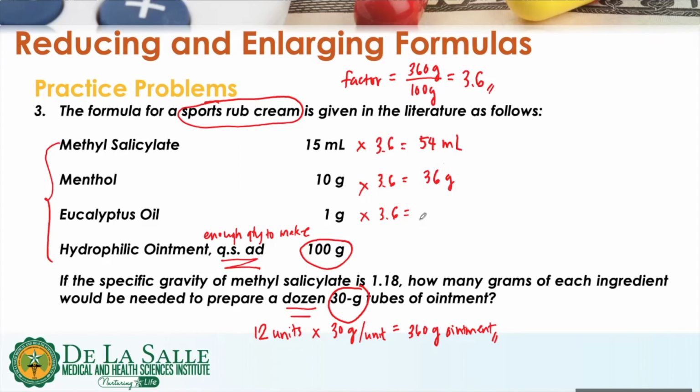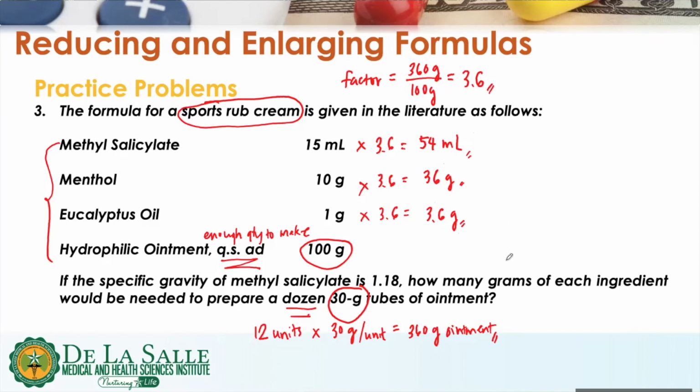And for eucalyptus oil, 1 gram times 3.6 will give us an answer that is equal to 3.6 grams of eucalyptus oil. All of these amounts are required to prepare a dozen 30-gram tubes of the ointment.